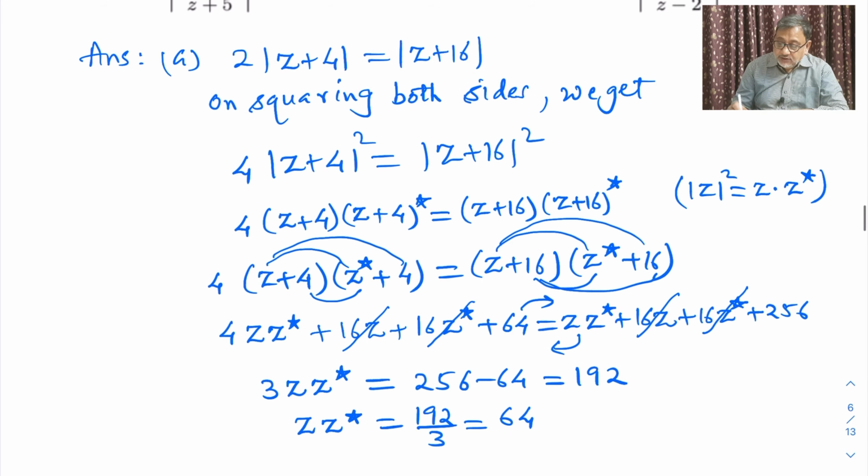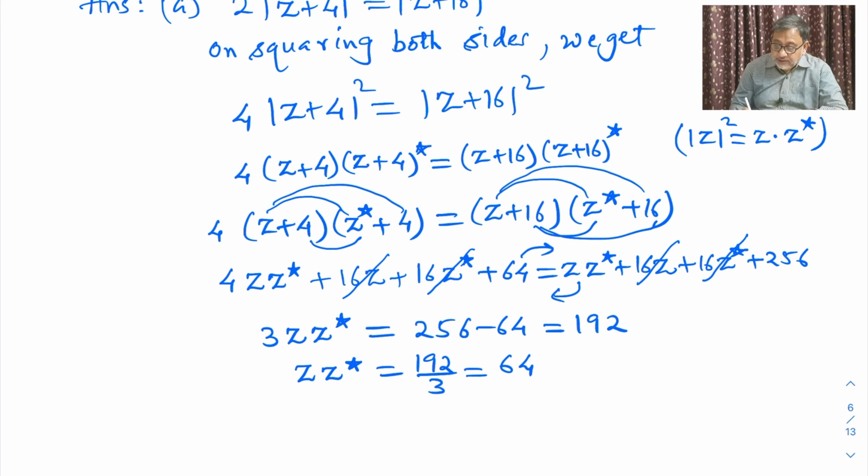Now again we are going to use the same property. z into z conjugate is modulus of z square. Okay, look here, I am using this property again. Okay, so let me write it here. Since z z conjugate is equal to modulus of z square, so modulus of z square is 64, which will be 8 square.